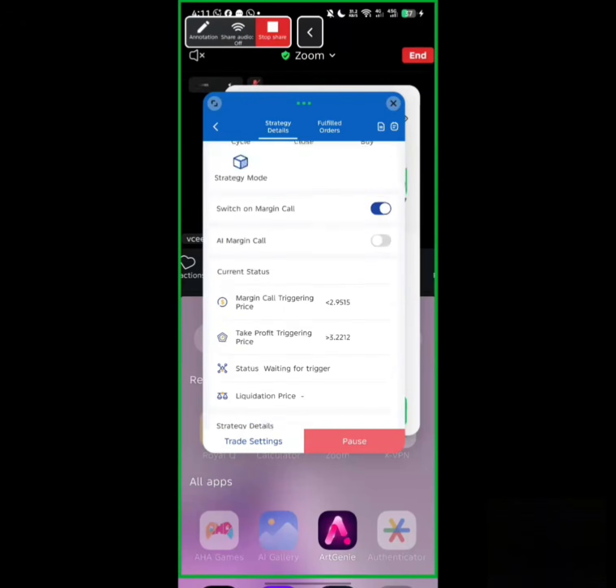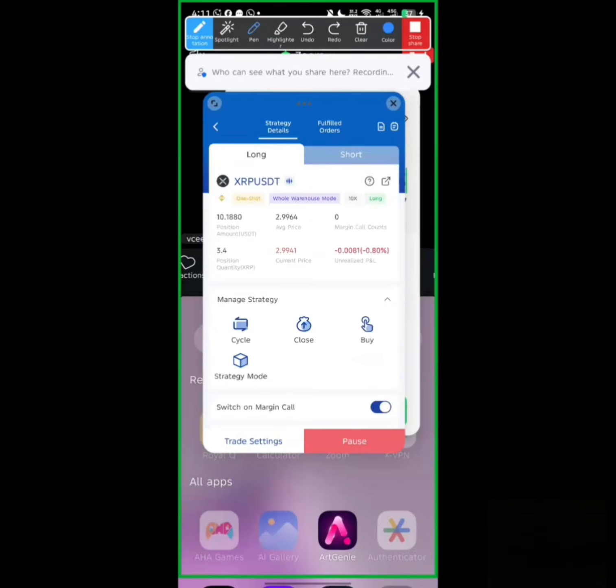Can you see it here? So the 3.4 is here with the $10. Each of the 3.4 pieces of XRP is sold for this current price. So if you multiply this 3.4 by this current price, it will give you this amount.